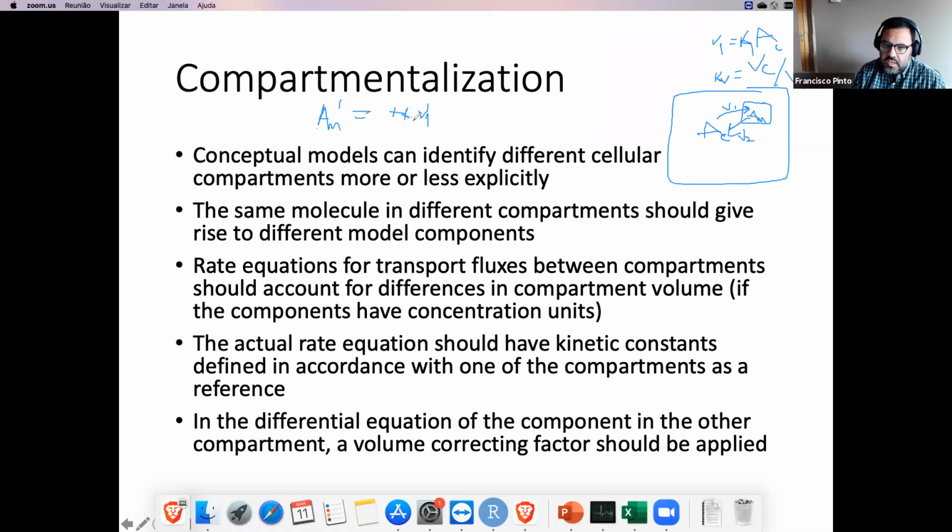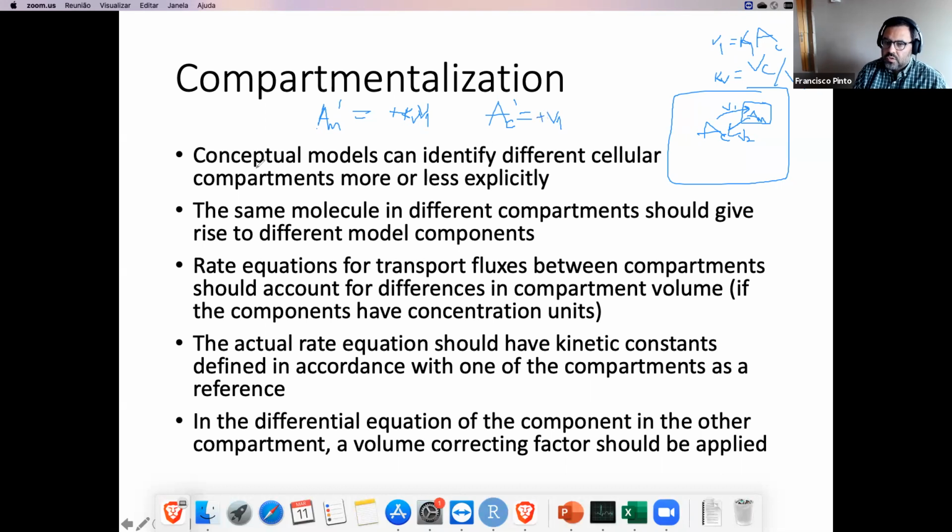So you have to multiply V1 by the Kv correcting factor. Because imagine if the cytosol is 10 times the size of the nucleus, then a change of 1 millimolar in the cytosolic concentration is going to give rise to a change of 10 millimolar in the nucleus. So you multiply it by this volume factor, while in the A cytosolic differential equation, V1 appears without the correcting factor.